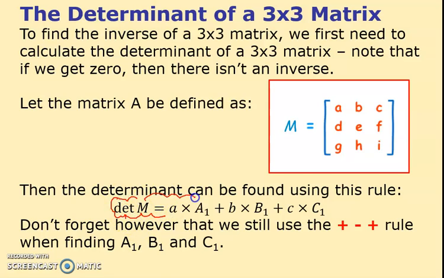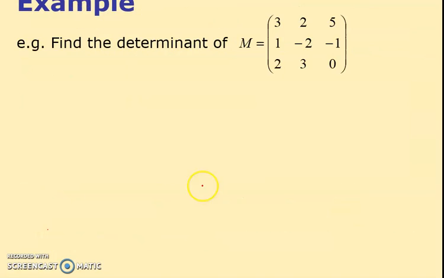And it's basically another one of those. And hopefully your notes are such that you've got the A1, B1 and stuff defined properly, and then we can use it. Now I've got a new matrix for you here, and it says find the determinant. So look, to find the determinant, it's going to be 3 times this determinant. So it's going to be 3 times the determinant of minus 2, minus 1, 3, 0.